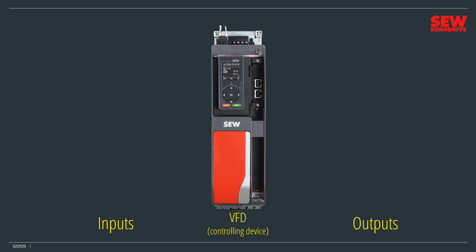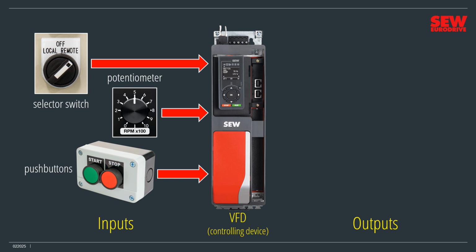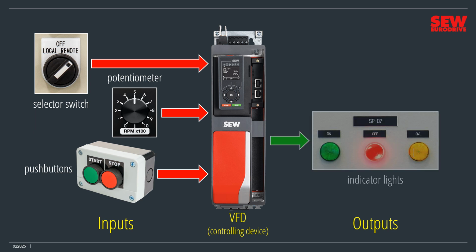This VFD, for example, is a controlling device. It has a selector switch, potentiometer, and two push buttons connected to it. These are input devices because the VFD inputs information from them. On the other hand, these indicator lights are output devices because the VFD outputs information to them.